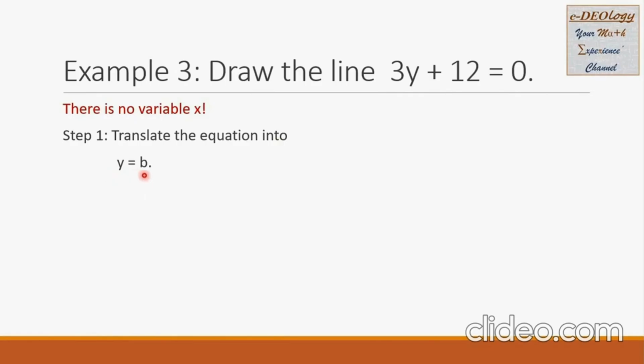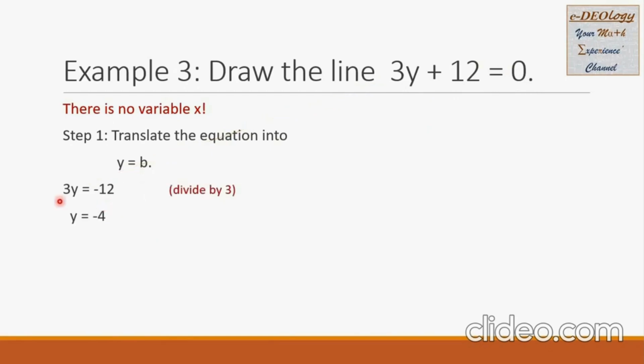a constant b. So for 3y plus 12 equals 0, first, let us make this constant be transposed on the right side. From positive 12, it becomes negative 12. We have now 3y equals negative 12.